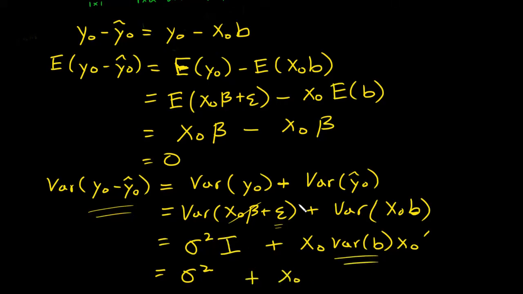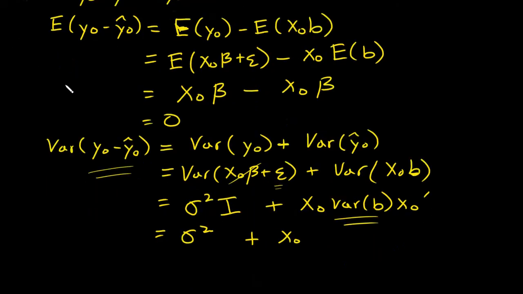Plus x naught. Now, the variance of b, we found in a previous video. This equals sigma squared times x transpose x inverse, and that's being multiplied by x naught transpose.